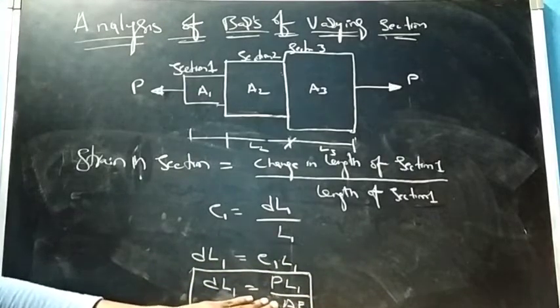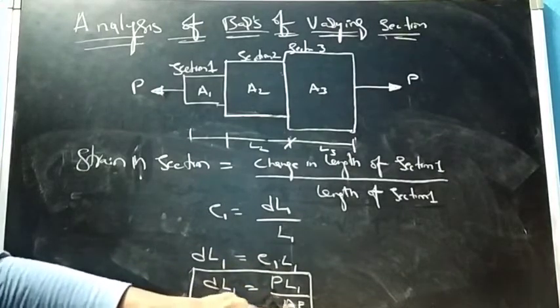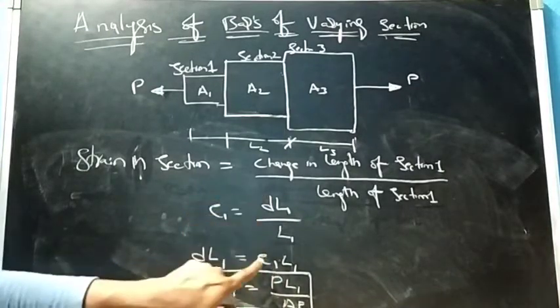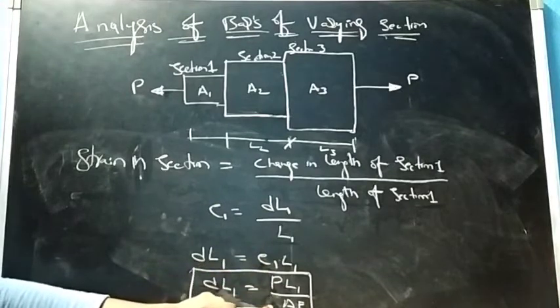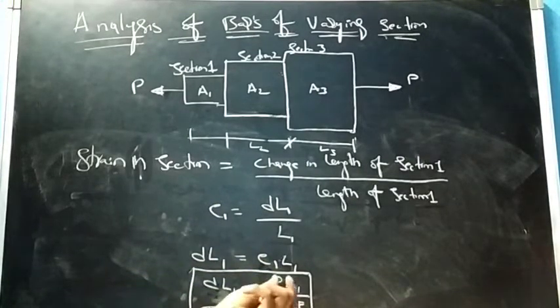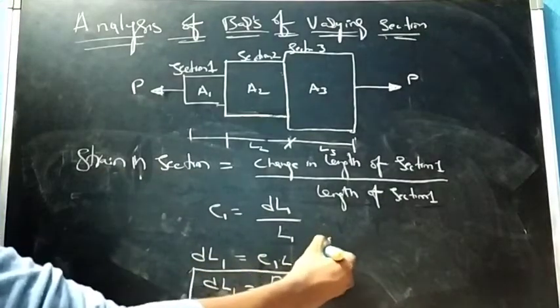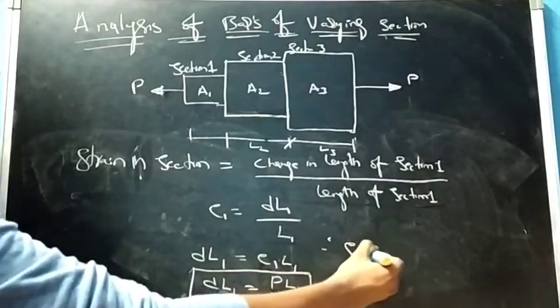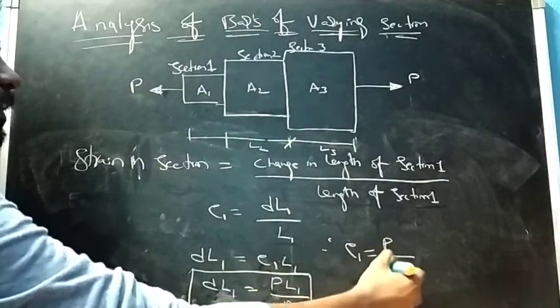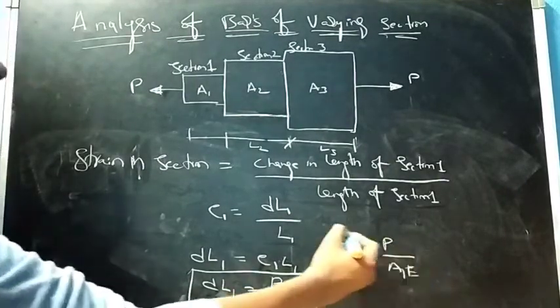From Young's modulus we know that epsilon 1 equals P upon A1 E. So I just substitute the value of epsilon here, and we get the change in length equals P multiplied by L1 upon A1 multiplied by Young's modulus E. If you have doubt, epsilon 1 is nothing but P upon A1 E from the previous step.